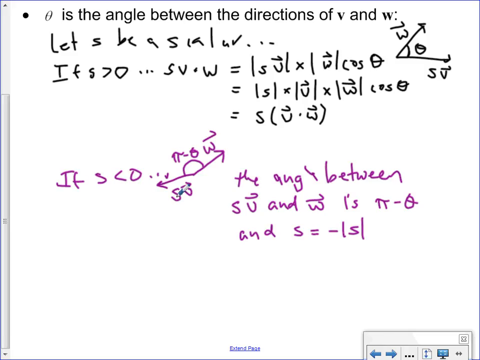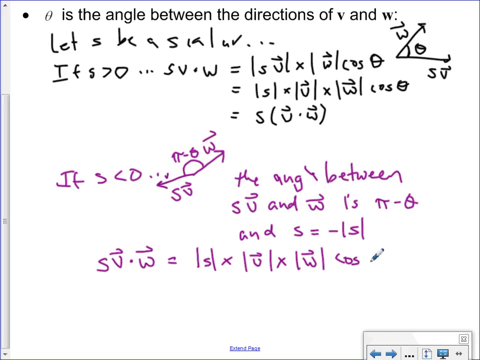Okay. Since this is the case, then using all of this math, you can say that the dot product of SV times W is equal to S times V times W. Now here's where the trig comes in.